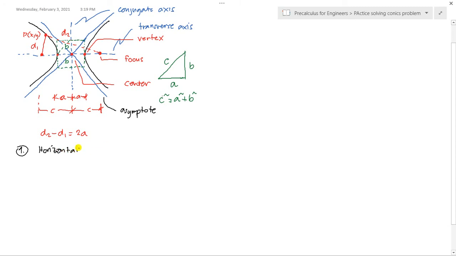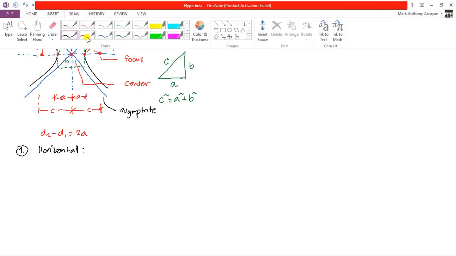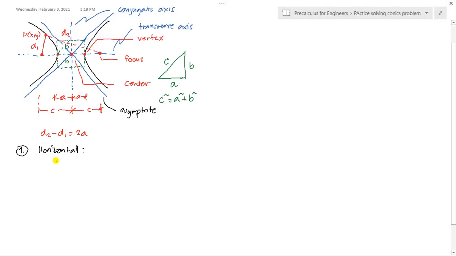In standard form, we have x minus h squared all over a squared, minus, since it is subtraction, the second term, y minus k squared all over b squared, is equal to 1. So the difference from the ellipse is that the ellipse has addition while the hyperbola has subtraction. So this is now our standard form.